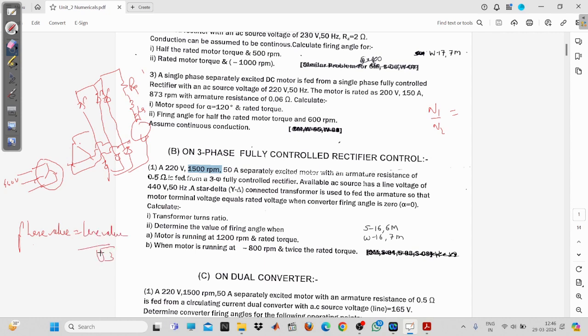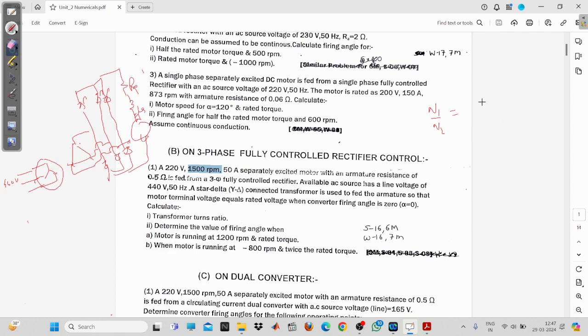But for a delta, the phase value of voltage, to be precise, will be equal to the line value of the voltage.